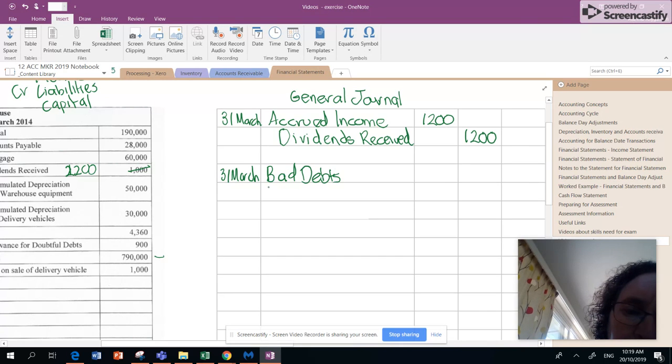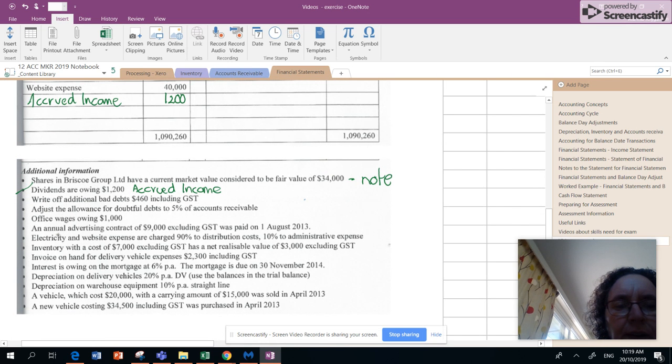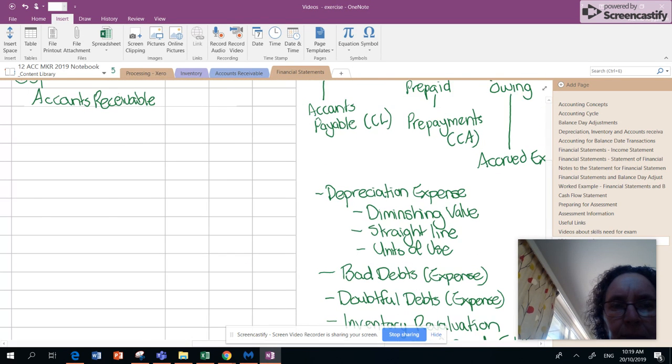We're going to have GST debited, and we're going to credit accounts receivable because we're reducing it, and we're going to do it for the GST inclusive amount, which in this case is $460.